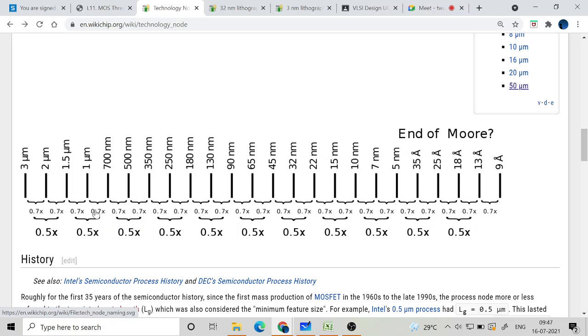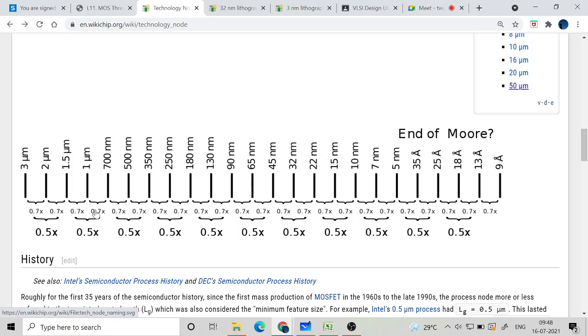So the length scale of the dimensions of various features in the transistor, like width, length, oxide thickness, depletion width, all these lengths are going to be scaled down by a factor of root 2. So it gets divided by root 2 or multiplied by 0.7.